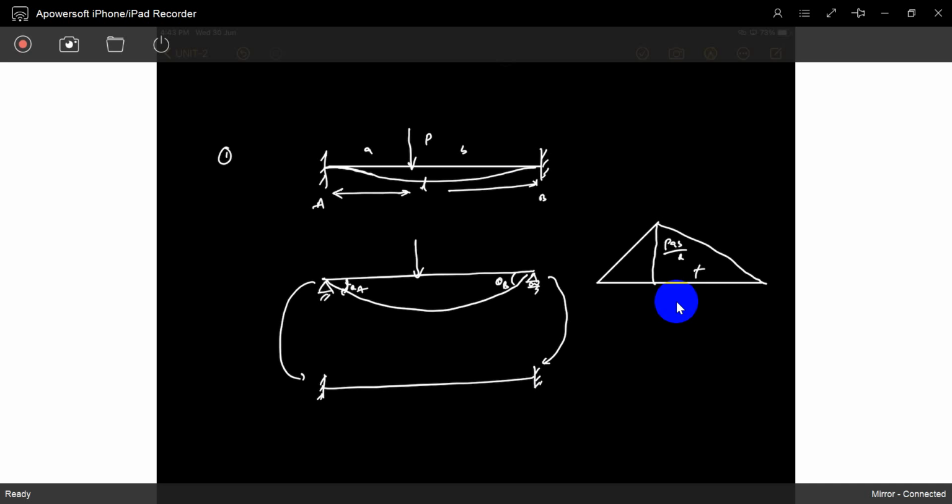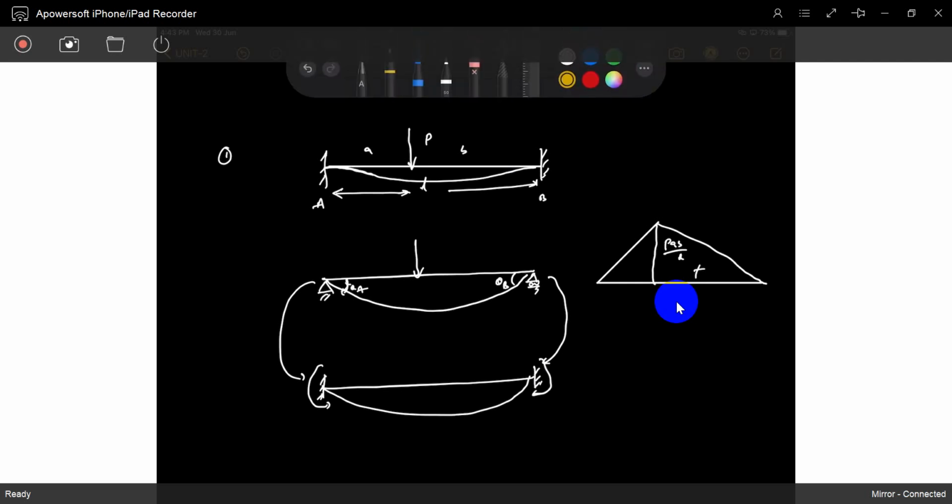If it deflects like this, the fixed moment arises in this direction, and the slope goes like this.